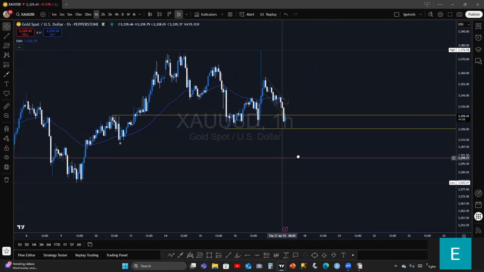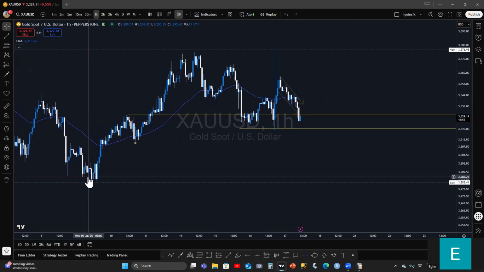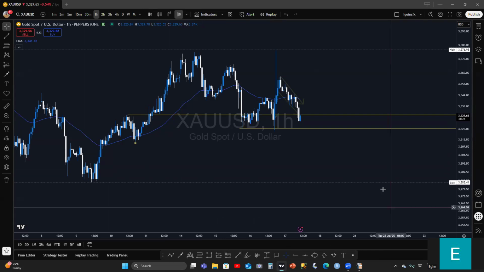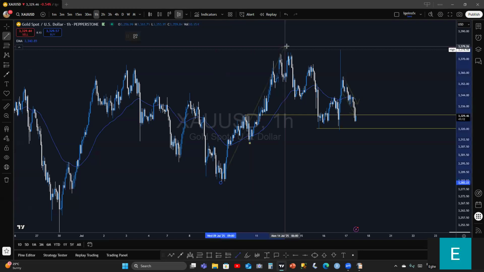For example, from this point here to this point, this is a push, a full movement from the higher time frame.